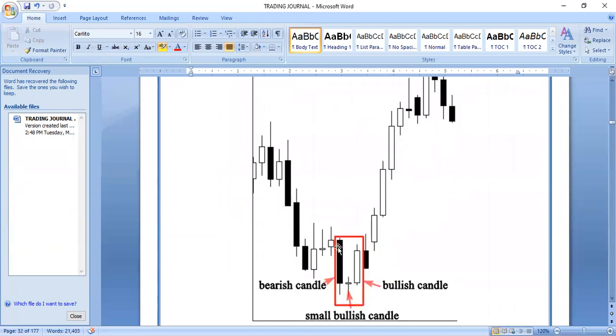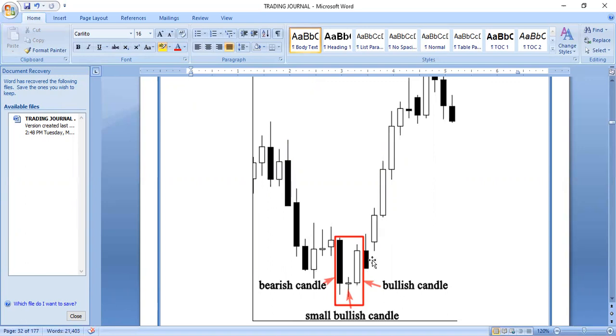If it's performed at the support zone or even on a bearish trending market, then we have the big bearish candle, then a doji, or even somehow let's say a gravestone, or a dragonfly doji, or even a normal doji forms in between, or even a small candlestick that is smaller compared to the previous candlestick, then a confirmation candlestick to give you a bullish signal.